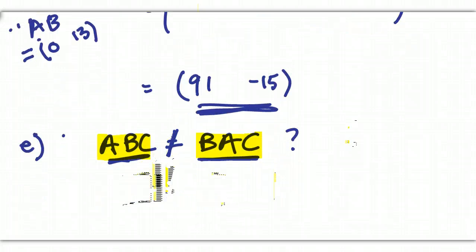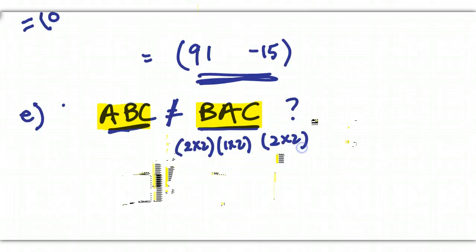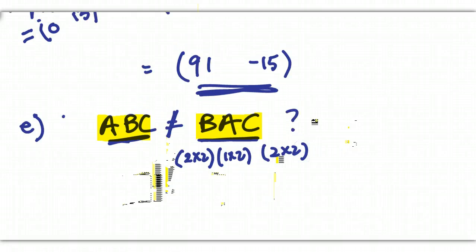In fact, even without working it out, you will be able to see that B is a 2 by 2 matrix, A is a 1 by 2 matrix, and C is a 2 by 2 matrix. Remember that we must always check that the numbers in the middle are the same. But if you look at BA, these two numbers here are not equal.